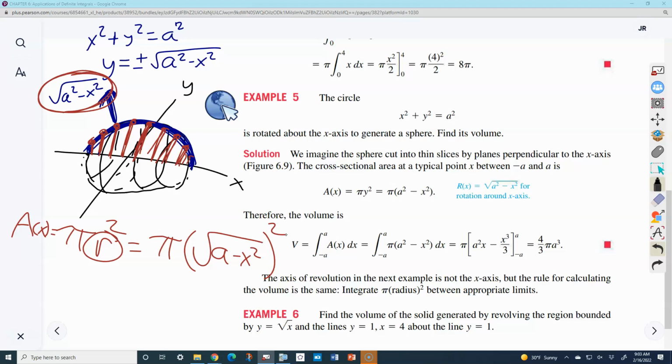So now it's just going to be the integral of that. I may go ahead and cancel that out. So it's just going to be pi a squared minus pi x squared. From what to what, though? It goes from here on the x-axis to here on the x-axis. So what is that?